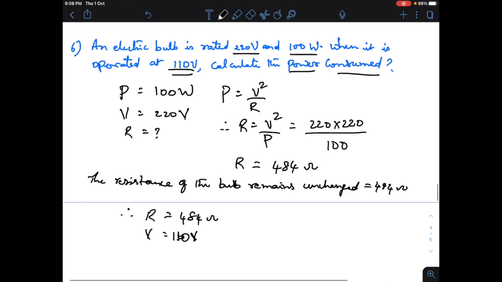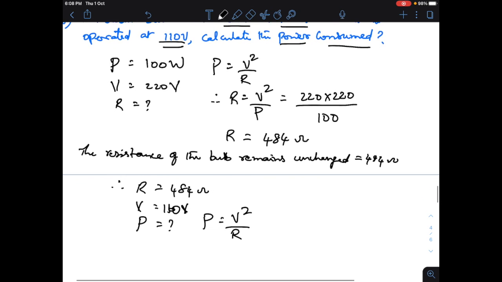Now, calculate the power consumed. Again, power is equal to V square by R, same formula we can use. So, V is now 110 into 110, that is V square, by R is 484. So, that comes to 25 watts.